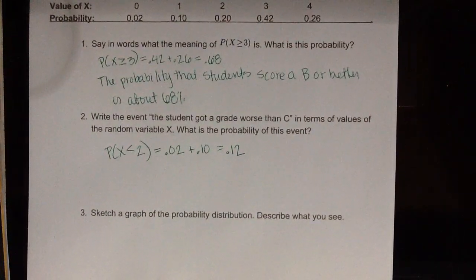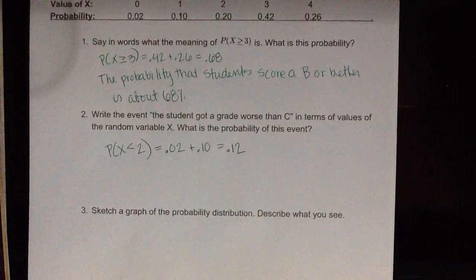And then finally in number 3, it says to sketch a graph of the probability distribution and describe what you see. With this information, I would just sketch a histogram.